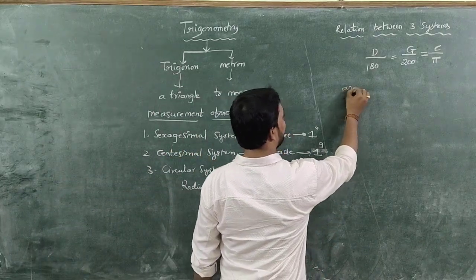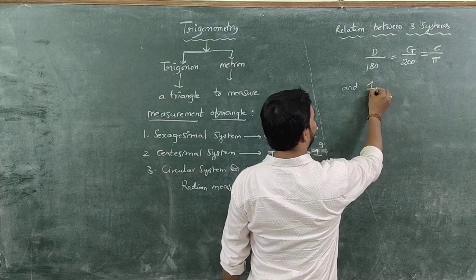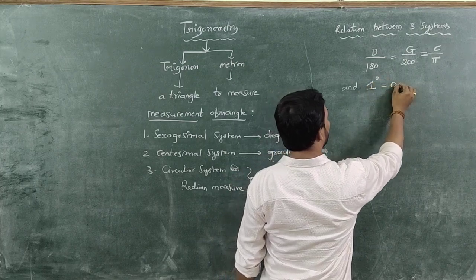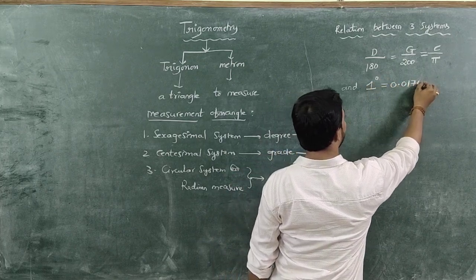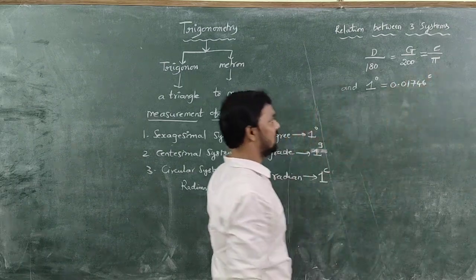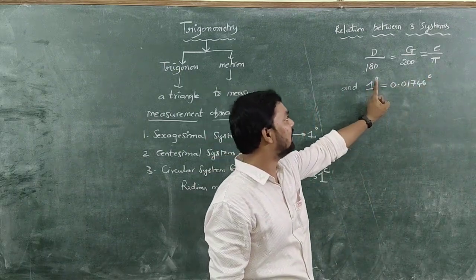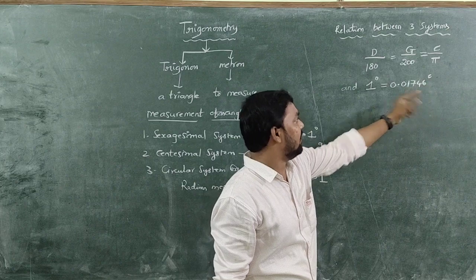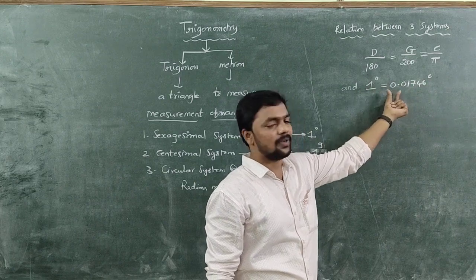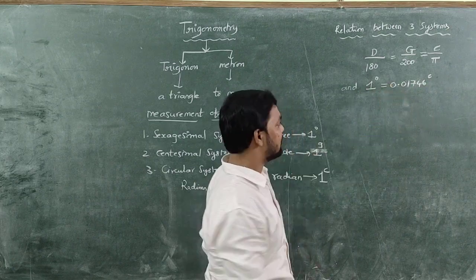And 1 degree is equal to 0.01746 radians, and this is the relation between degrees and radians.